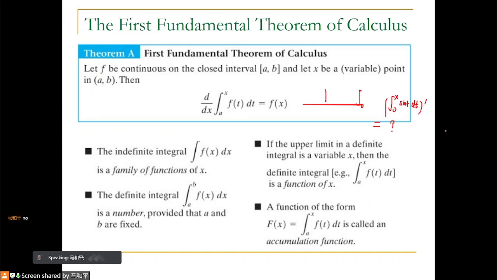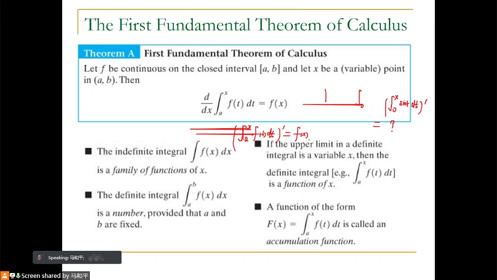You see here, by the first fundamental theorem, the derivative of the integral from a to x of f(t) dt is equal to f(x). This means we just replace t by x.